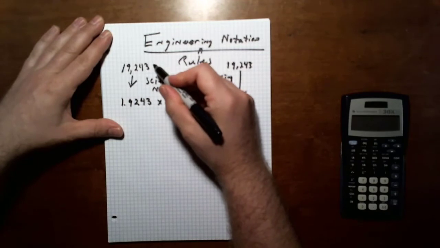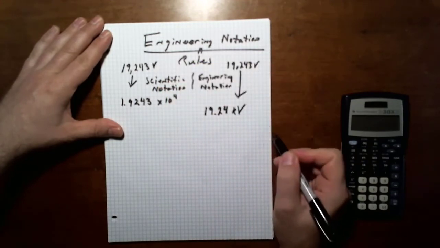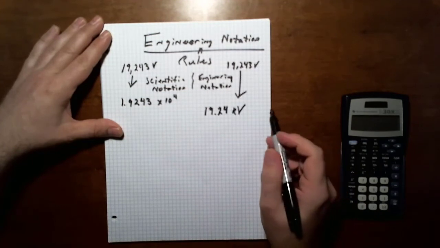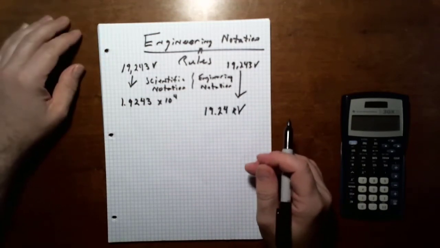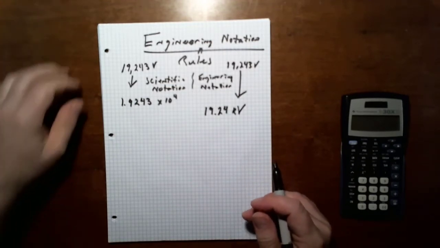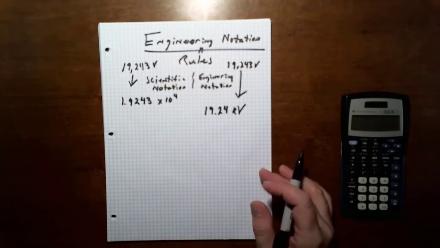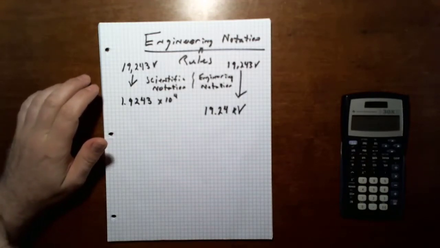So let's just say that it's volts, kilovolts. Okay, so there's some rules behind what I did there, and I think it's important to know what those rules are, because when we're doing our work, we want to follow those rules, but sometimes we don't always know what they are. So let's just list them out here.